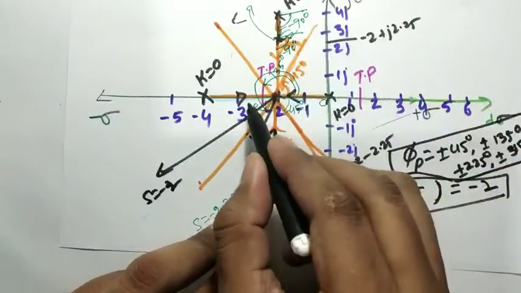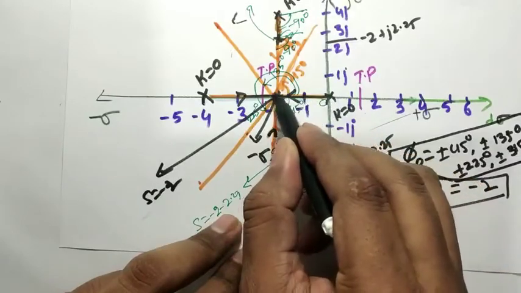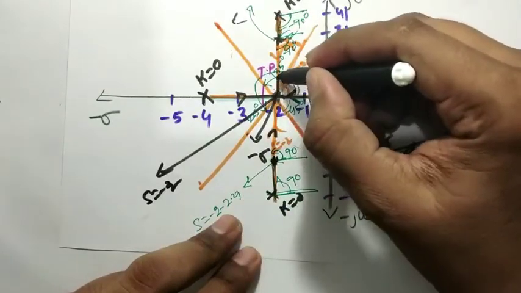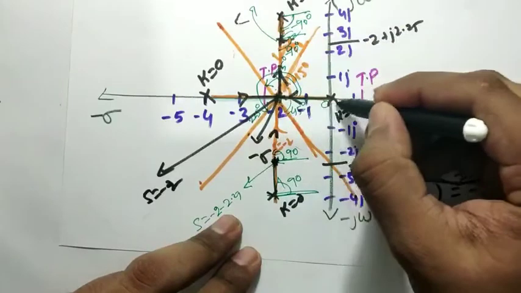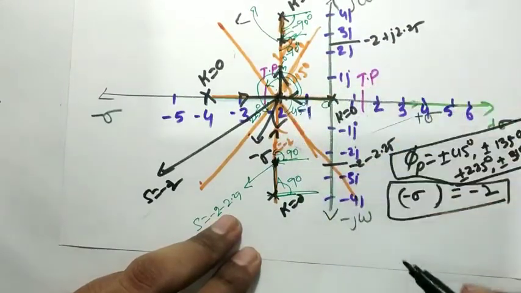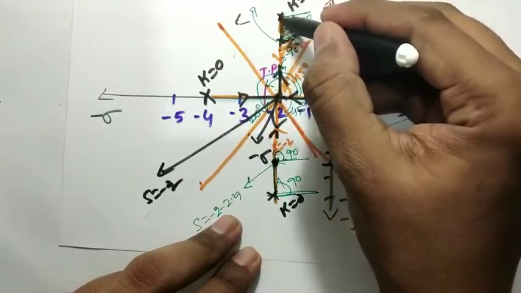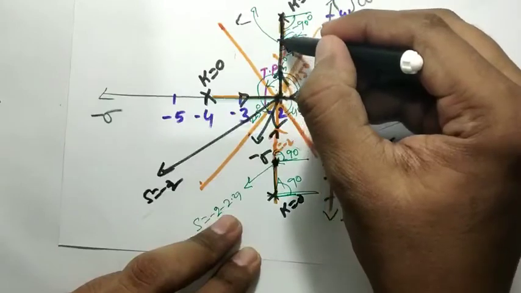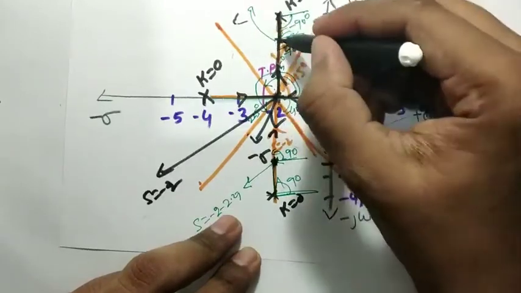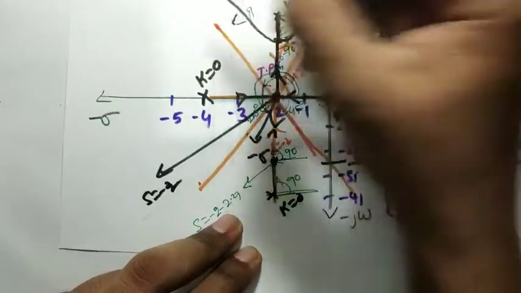After this breakaway point, this root will go in this direction, and another root will come in this direction. This root is coming in this direction, and this root is coming in this direction. Both will meet. After meeting, one root goes in this direction, and one root goes in this direction.